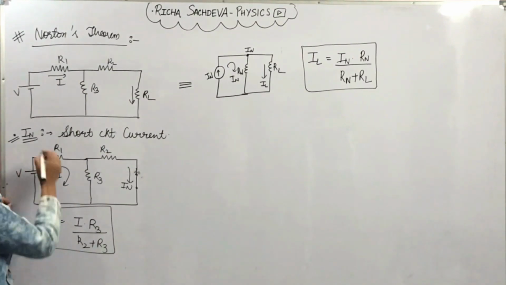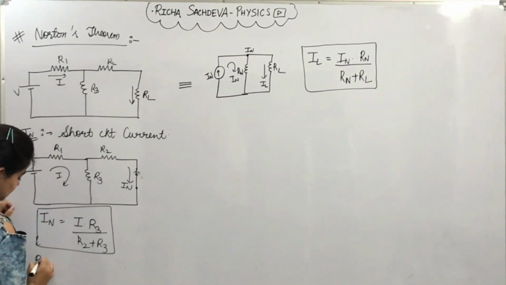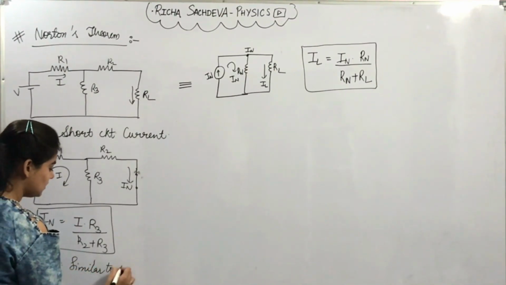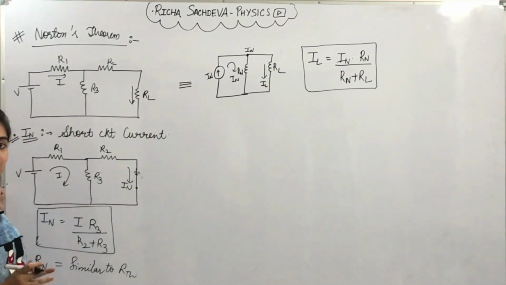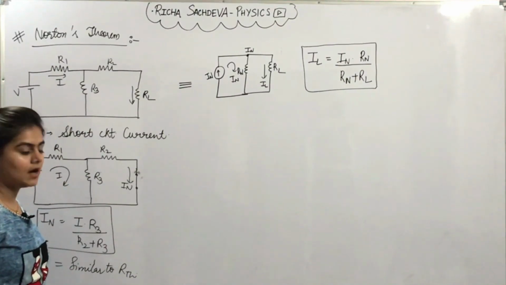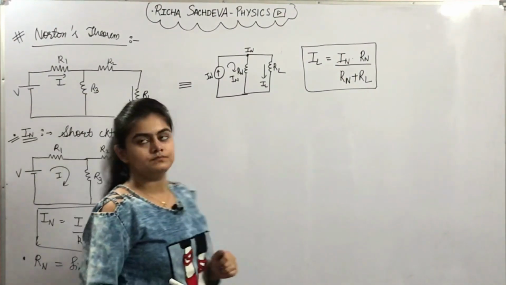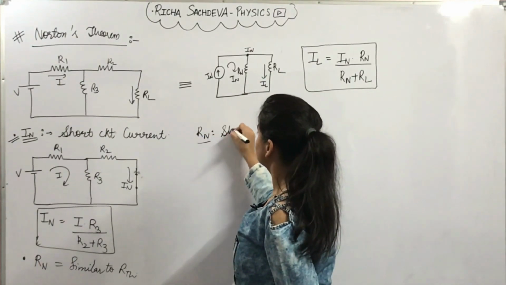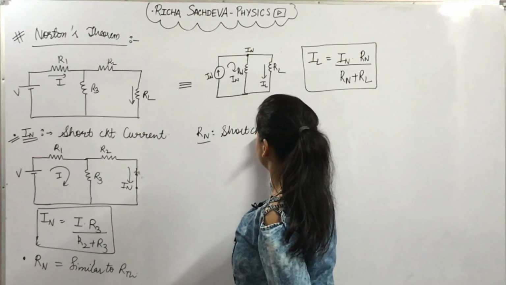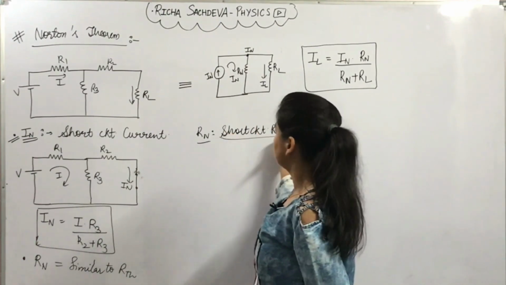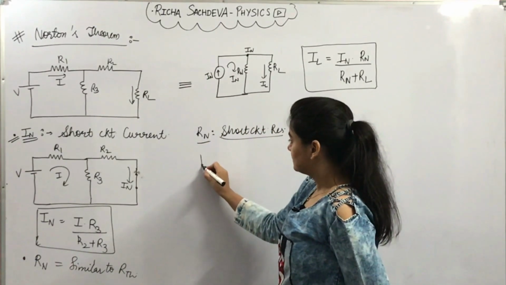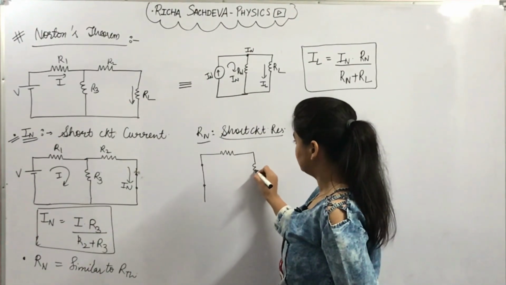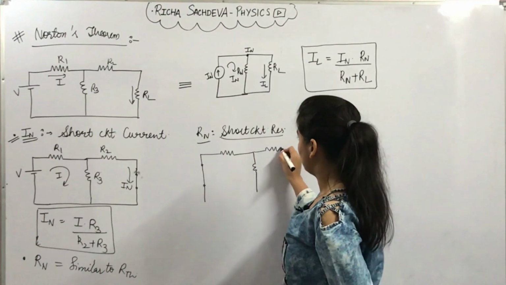And what will be RN? RN is similar to RTH. We will calculate RN exactly the same way we calculated RTH. For RN, it is short circuit resistance. So we need to short the given voltage sources. So we have R1, R3, R2.